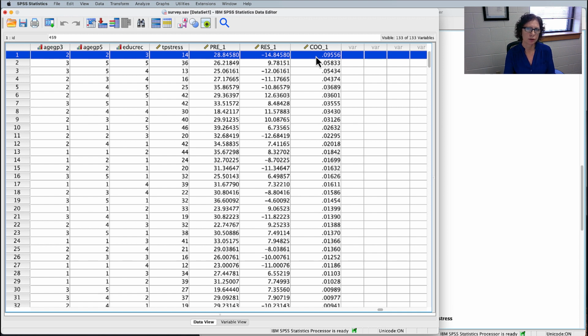On one hand, it's more than 3 standard deviations away in its residuals, but on the other hand, its Cook's distance is not exceeding the cutoff. So you can tell your reader, a case was identified as being an outlier, however, the Cook's distance did not exceed the cutoff of 1. So you can go either way with that.